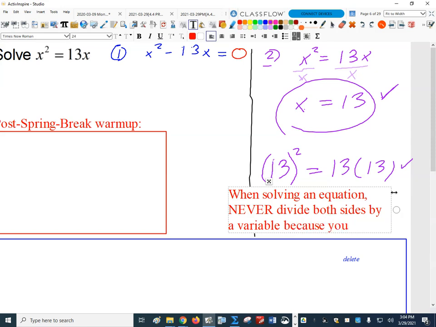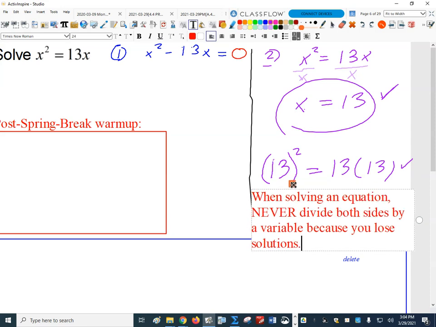Because you lose solutions. Which we did, right? We lost the 0. Didn't work, okay? So that's not a strategy that we want to use.